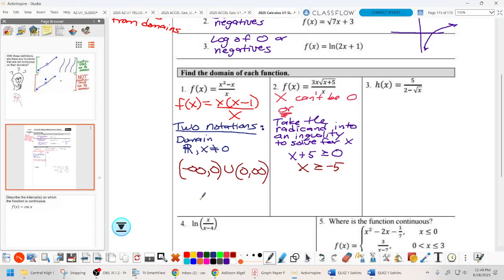No, because it's got to be greater than -5. So let's start there. Can it be -5? Yeah. So bracket -5. Where does this go before we have to stop? 0. It goes to 0. Can it be 0? No. Union. Where does it pick up again? 0 and goes to? Now it's okay to keep going.